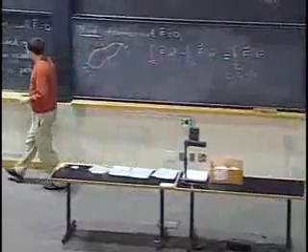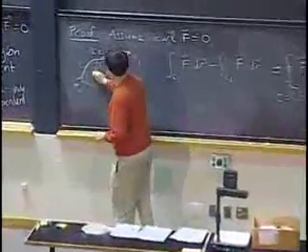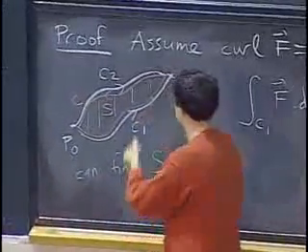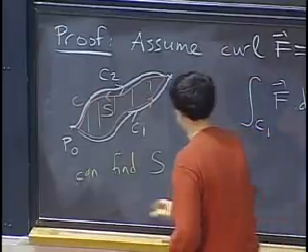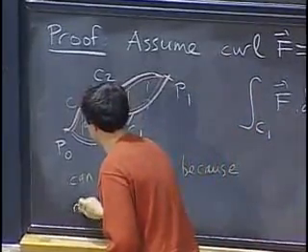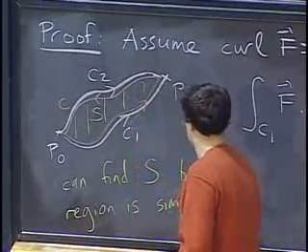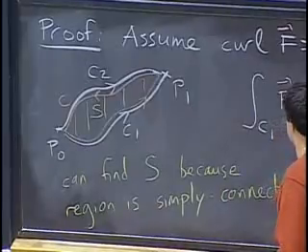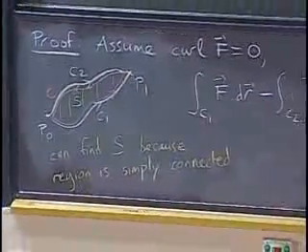Okay, so we can find a surface S that bounds C because the region is simply connected. So now that tells us we can actually apply Stokes' theorem.